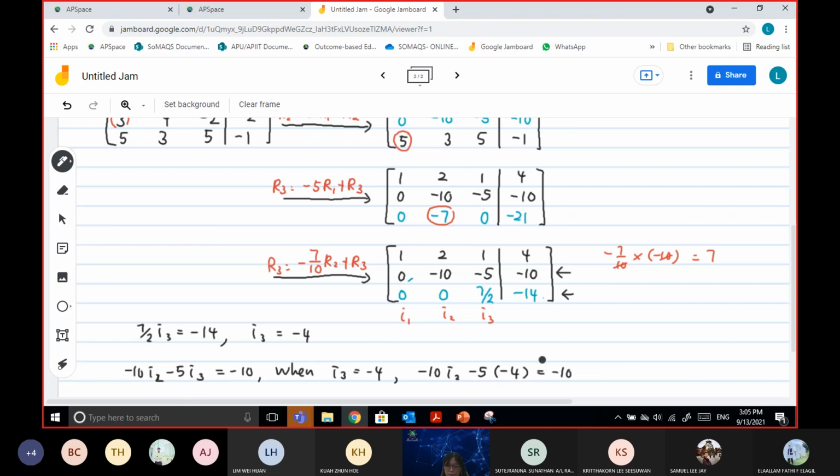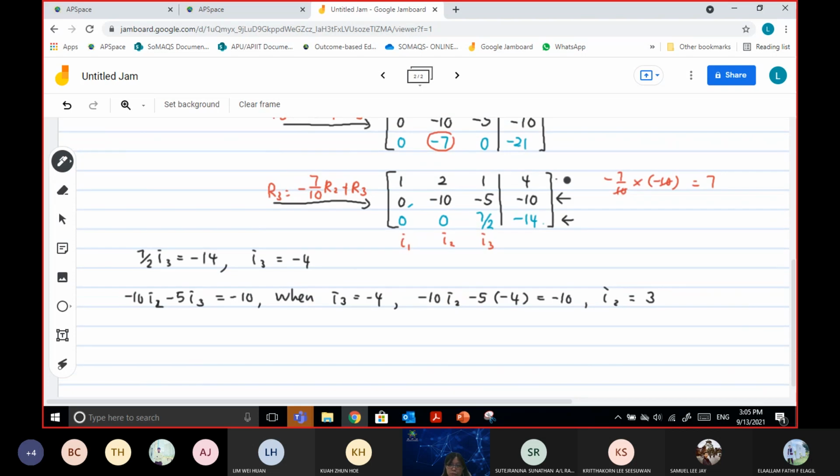So you solve it to get I2. This one plus 20, so you have negative 30 divided by negative 10, so you get a positive 3.